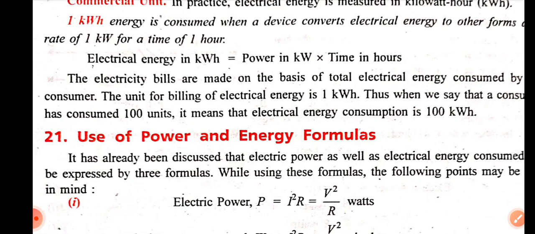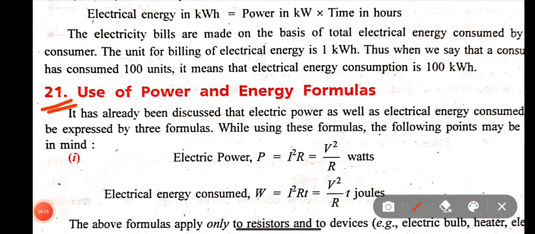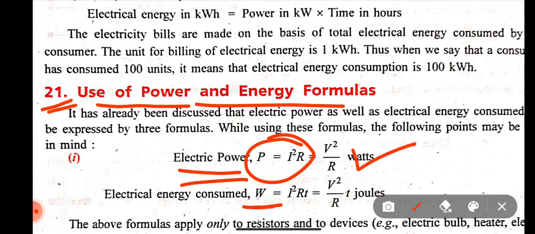And finally, the last one, I think point number 21 of this chapter, basic concept. Use of power and electrical formula. Electrical power, as we know, P equal to I square R and V square by R, and W equal to I square RT.